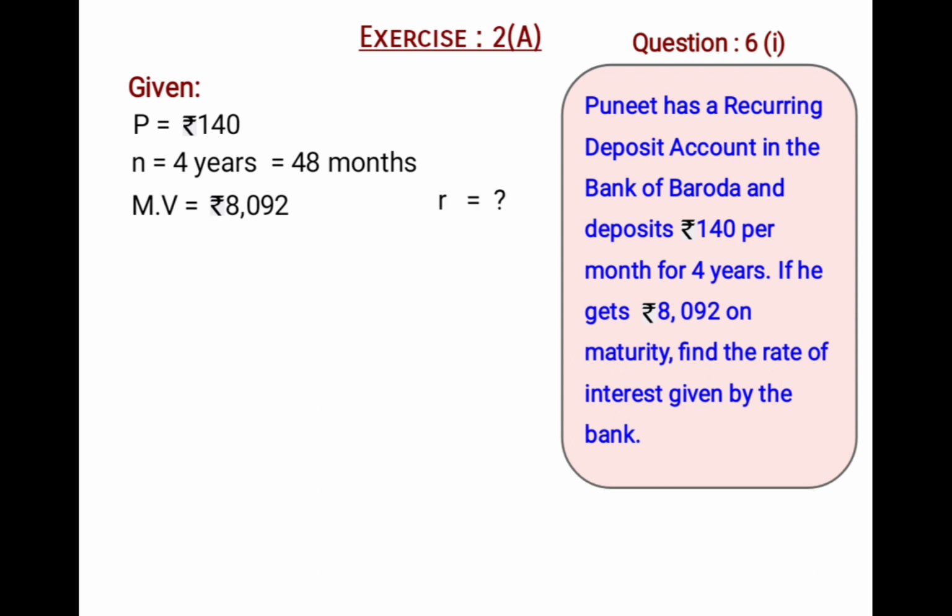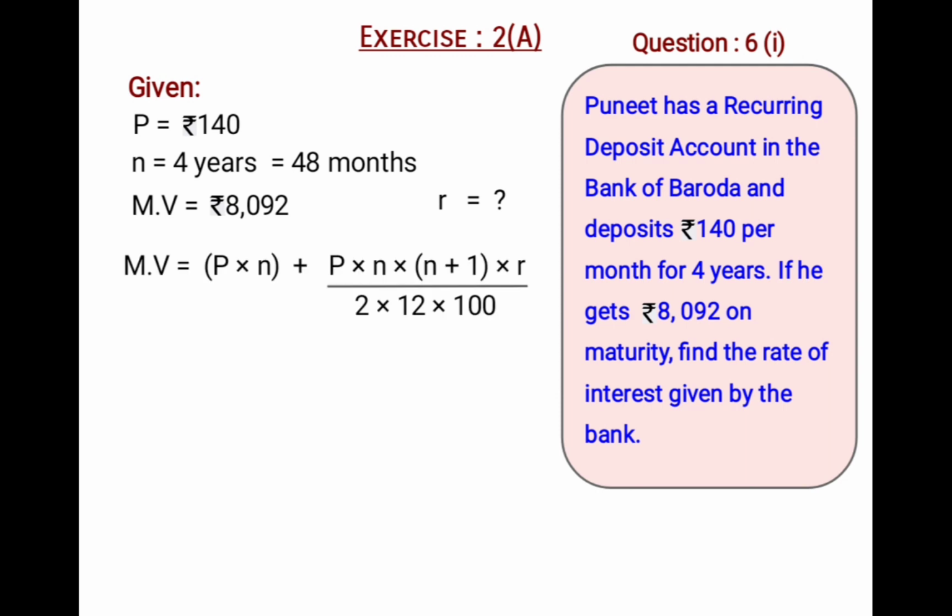For that, we are going to use the MV formula. Now we are going to substitute the values, that is 8,092 is equal to 140 into 48 plus 140 into 48 plus 1, that is 49, into R. We don't know the R value, so I am writing it as R, whole divided by 2 into 12 into 100.